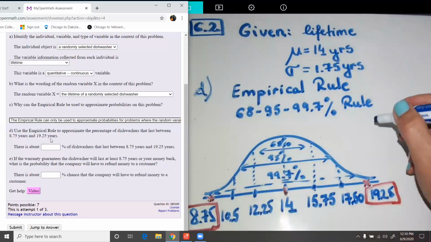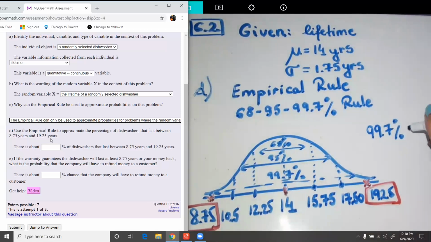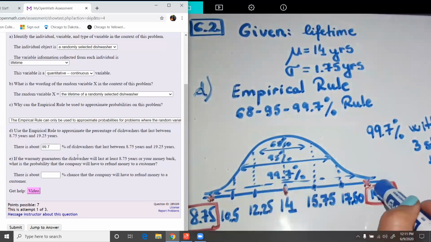The empirical rule tells us that 99.7% of the data is located within 3 standard deviations of the mean, which means this is the answer right here, 99.7. Okay. Now this happens to ask for 3 standard deviations below, 3 standard deviations above.